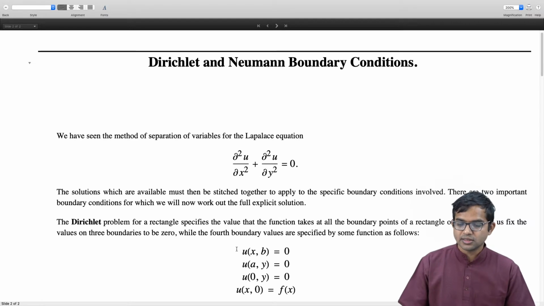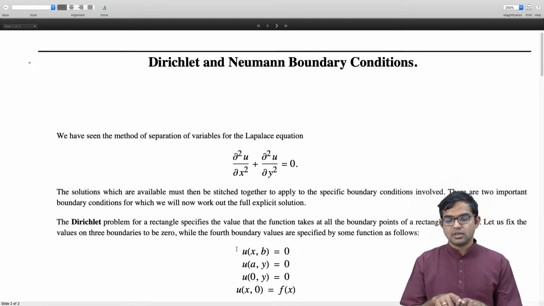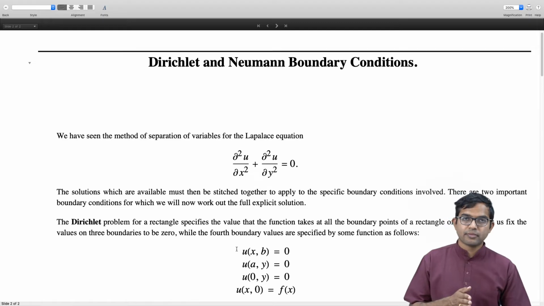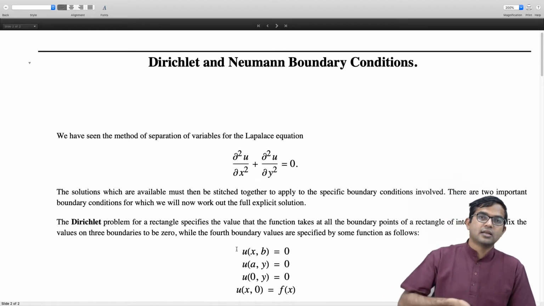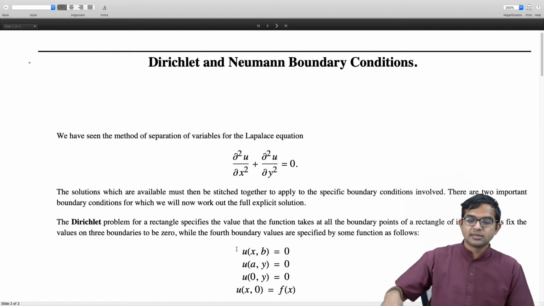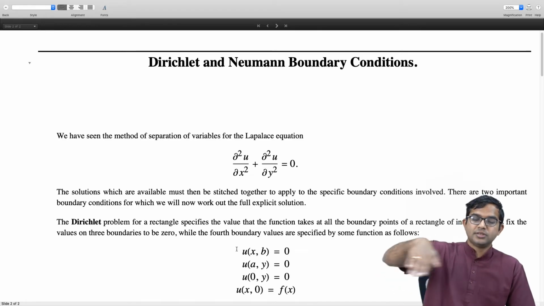The particular case I'm considering is a rectangle, two of whose sides are the y-axis and the x-axis, and there are also boundaries at x equal to a and y equal to b.